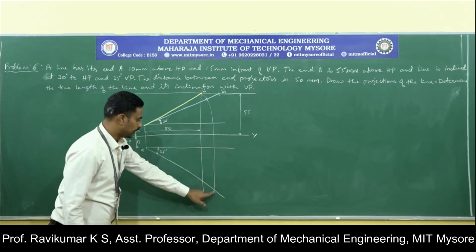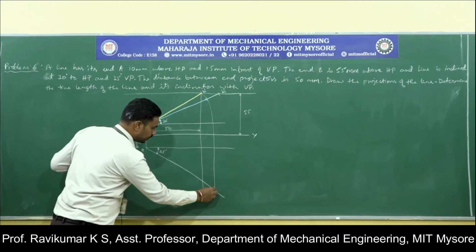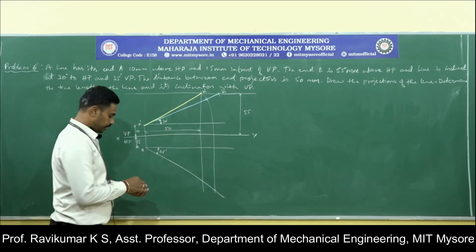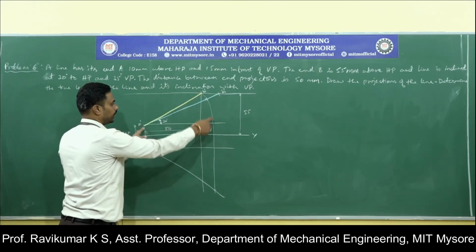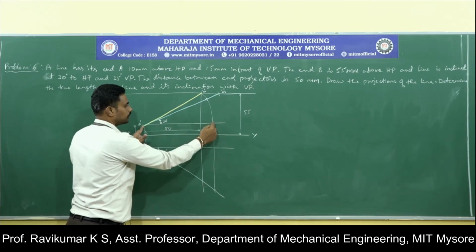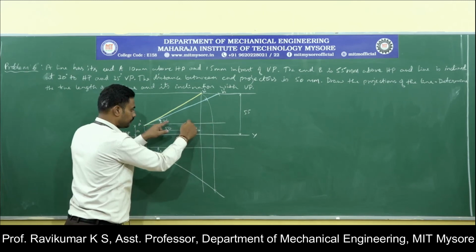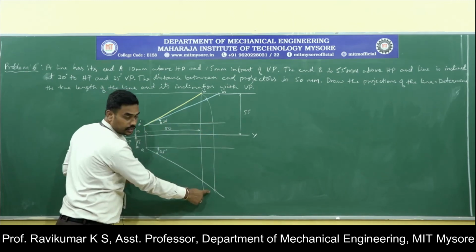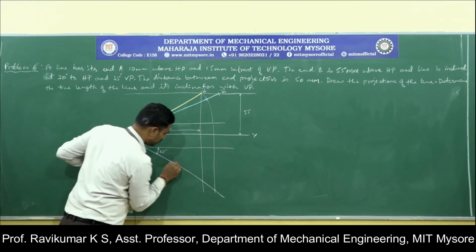Wherever this perpendicular cuts this line, that should be the true length. Because you have rotated it, it appears parallel in this view, therefore you will get the true length in the other view. So this should be the true length.